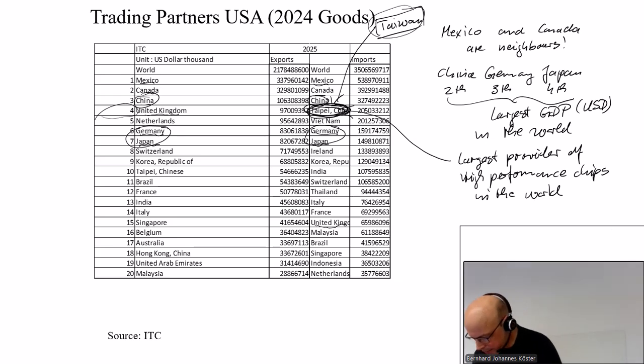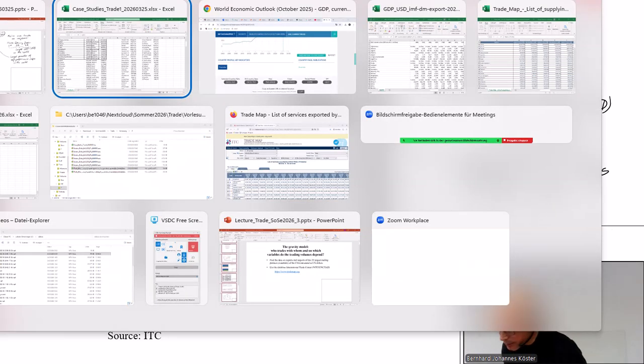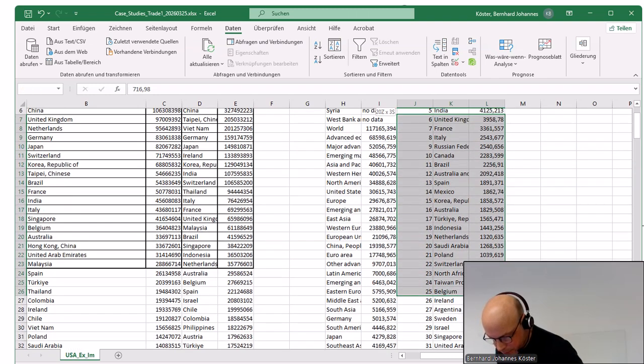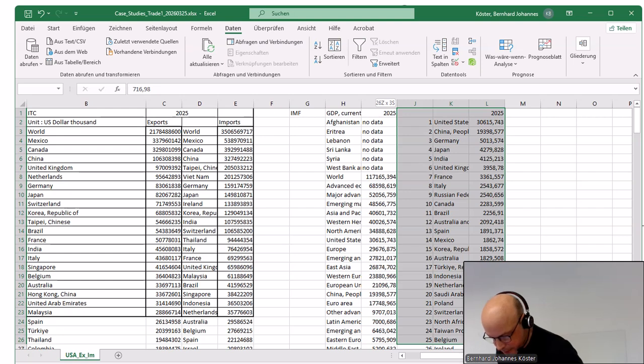Then, for example, exports, we see that the United States are exporting more to the United Kingdom compared to Germany. Let's paste this here also. Say we had also Taiwan. So then we go to 25.